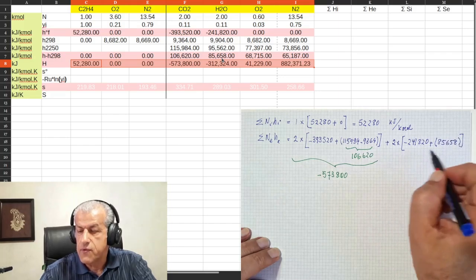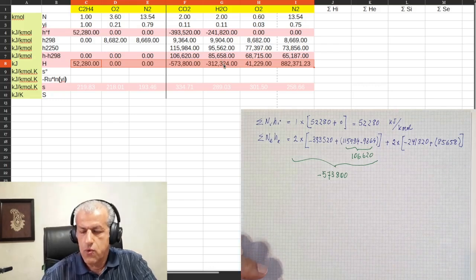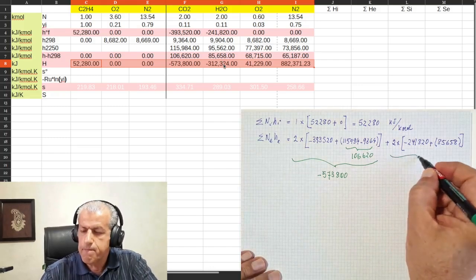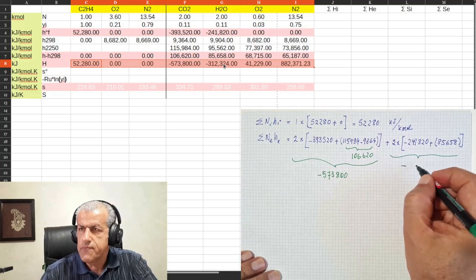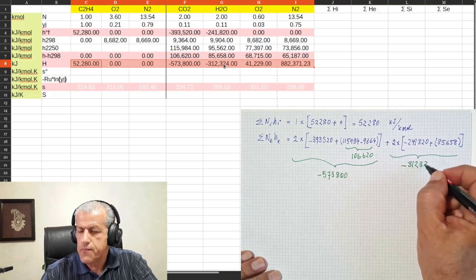And if you add these together and multiply it by 2, the outcome would be minus 312,324. So this term would be minus 312,324.